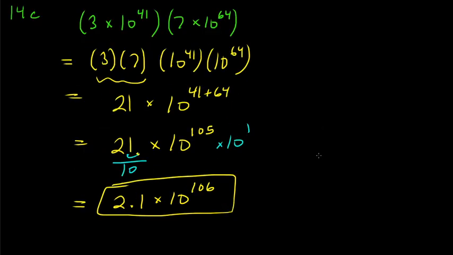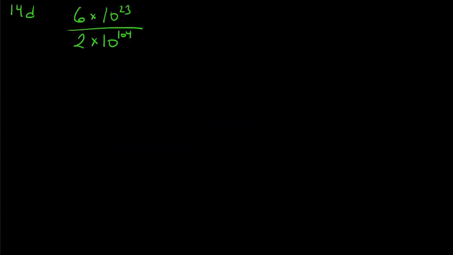Okay, and then, part D. 6 times 10 to the 23 over 2 times 10 to the 104. All right, so split this up. Do 6 divided by 2 times 10 to the 23 over 10 to the 104, because 6 divided by 2 is 3.